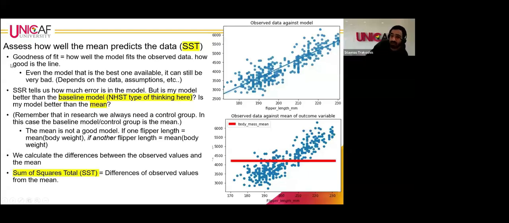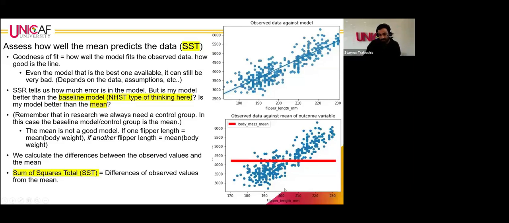And this is called the sum of squares total, which is basically the mean. So I want to calculate how far each data point is from the mean. And I treat the mean as a model in this situation. Here, this is the mean of the body mass in grams.